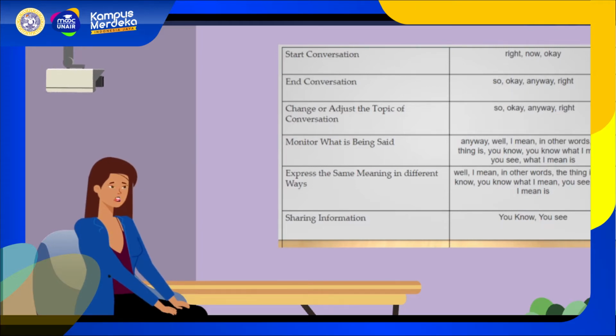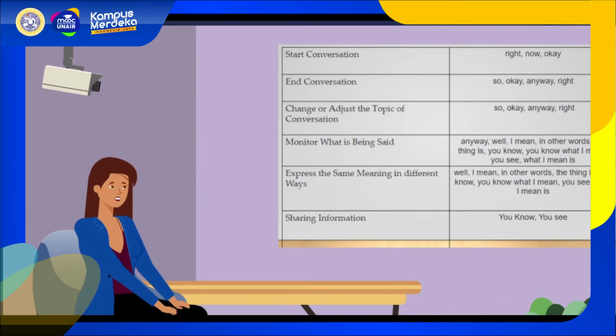Then to monitor what is being said, like when we speak, we must hear what we say as well as our listener. In addition, the listener who listens to us will respond to what we say. Discourse markers are used to re-express what we say based on listener response, still with the same meaning.